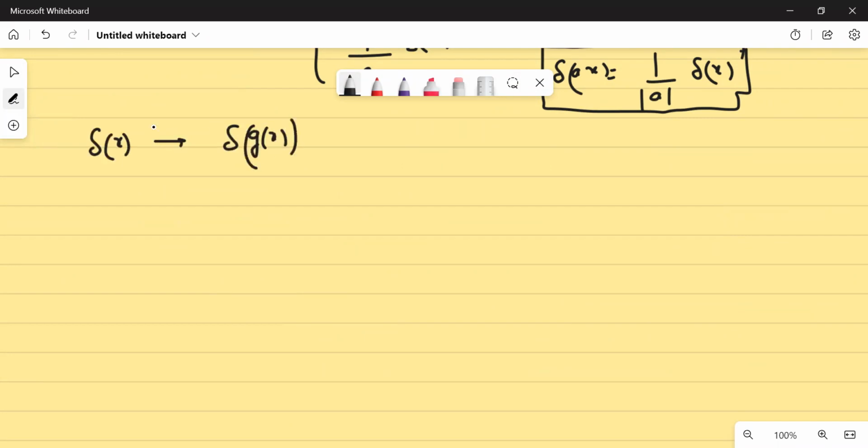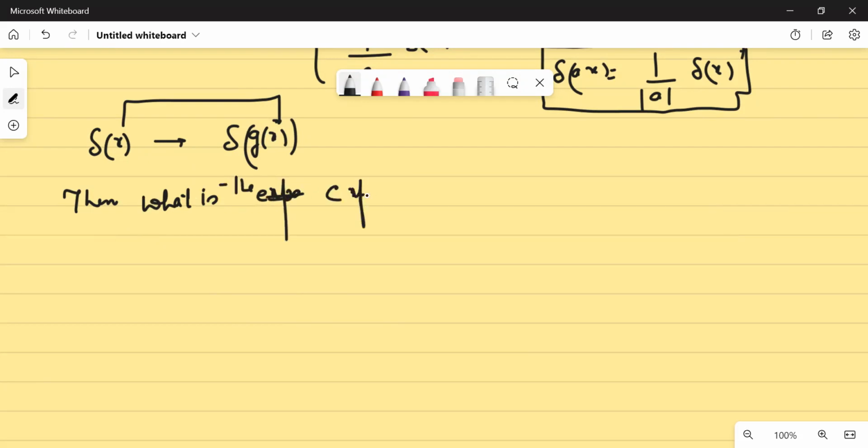That is, in the argument of the Dirac delta function, instead of x, I have some function g of x. Then what is the right expression of the Dirac delta function?